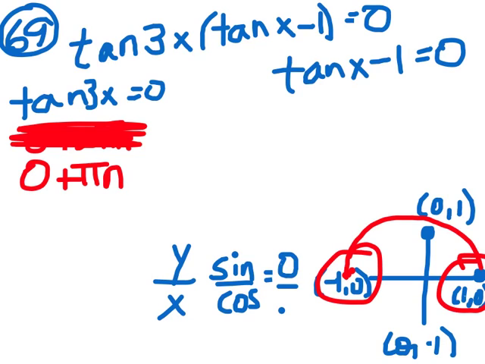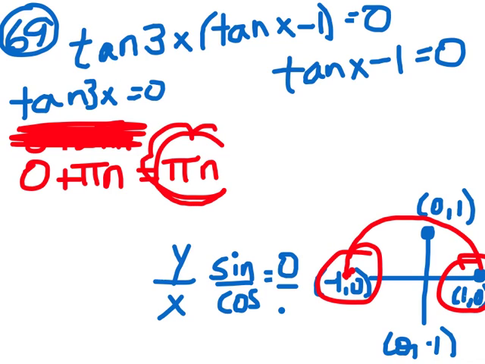But if you think about that, when I say pi times 1, that's going to put me right here where my other solution is. So it would just be pi times n, because 0 plus pi n is just pi n. So I'll get all my solutions if I just say pi times n.